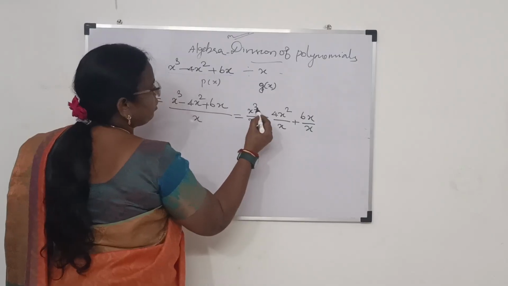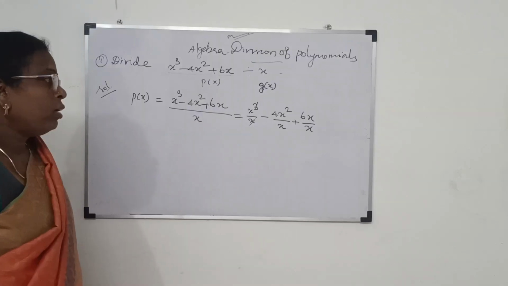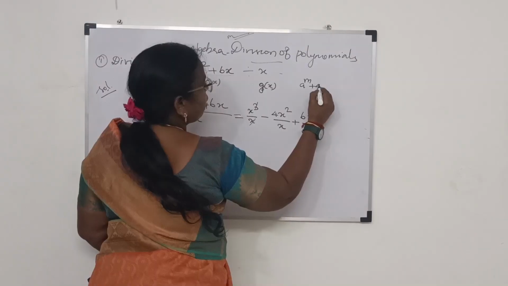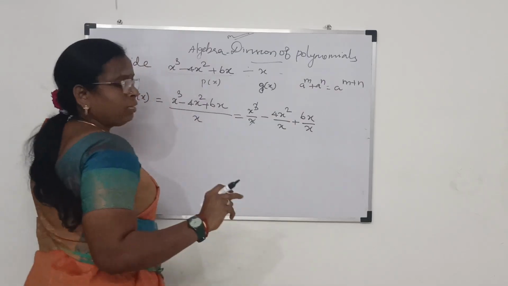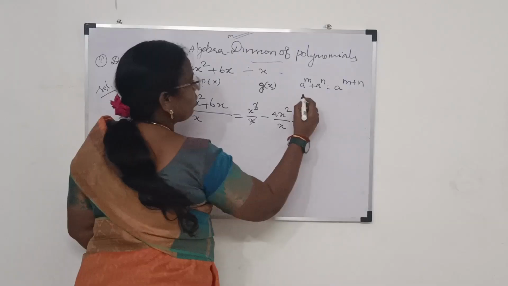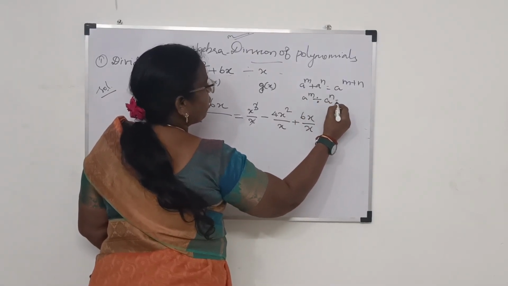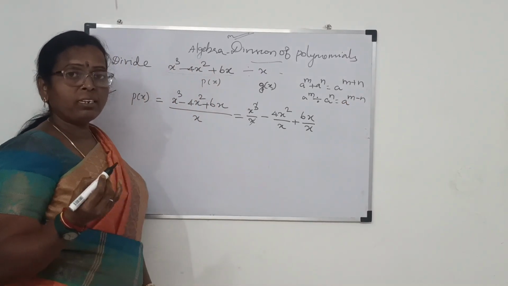When you are dividing this, this will be cancelled. I already told you the formula, a power m times a power n is equal to a power m plus n. If the base is the same, we can add the powers. In the same way, a power m divided by a power n is equal to a power m minus n. This is the rule.